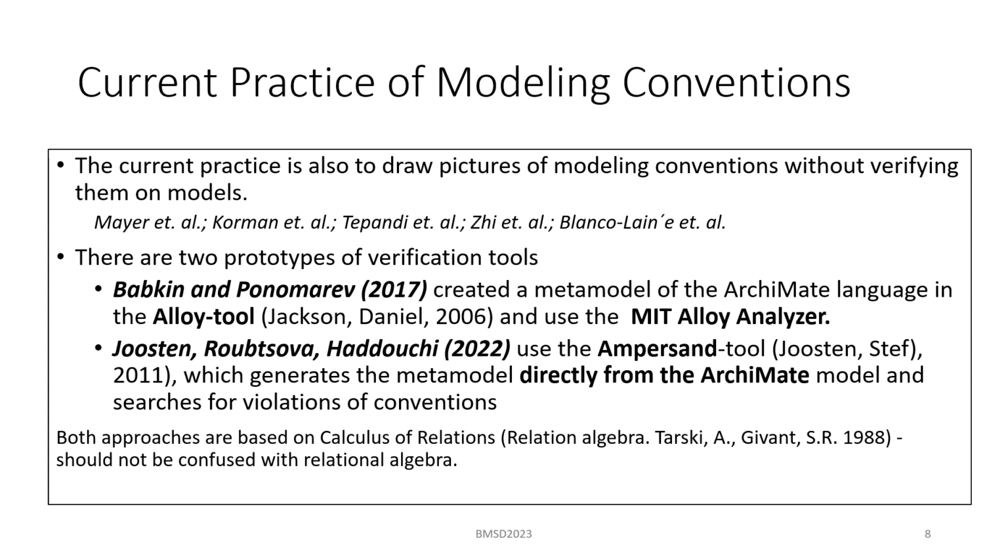Babkin and Ponomaryov created a metamodel of the Archimate language in the Alloy tool and used the MIT Alloy Analyzer for searches of violations. Joosten and Rubtsova-Hadauchi used the Ampersand tool, which generates the metamodel directly from the Archimate model and searches for violations. Both approaches are based on the calculus of relations.